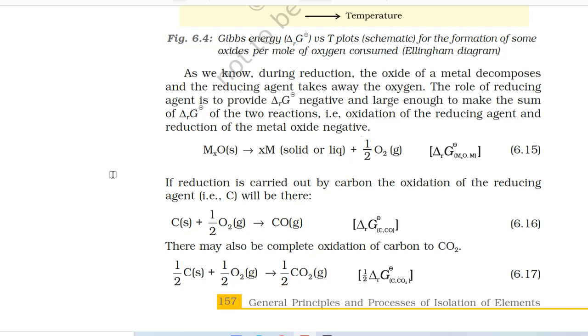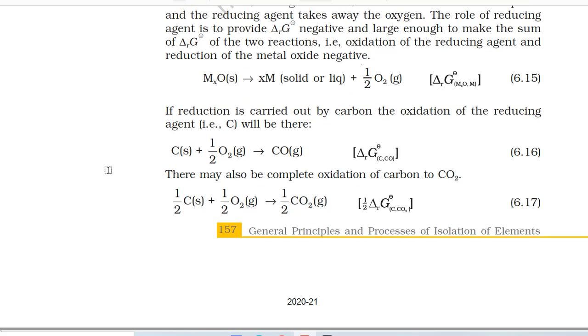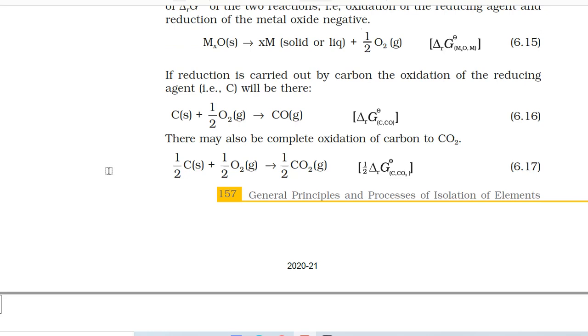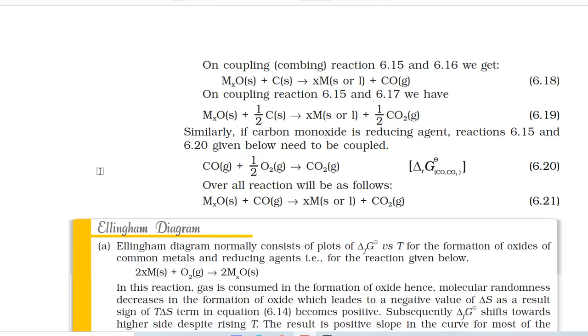There may also be complete oxidation of carbon to carbon dioxide: 1/2 C (solid) + 1/2 O2 (gas) gives 1/2 CO2 (gas). On coupling reactions 6.15 and 6.16, we get MxO (solid) + C (solid) gives xM (solid or liquid) + CO (gas).